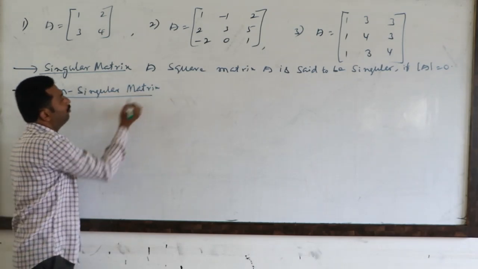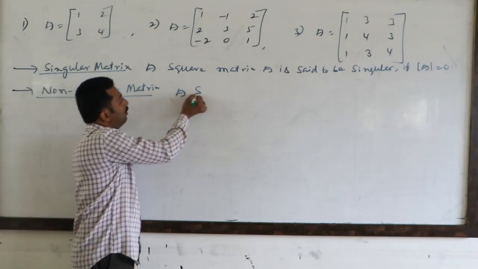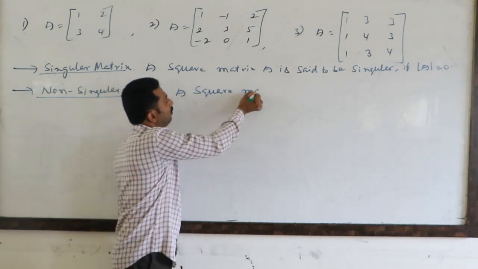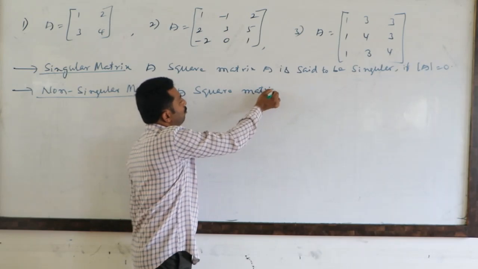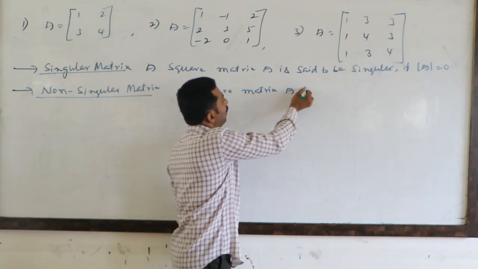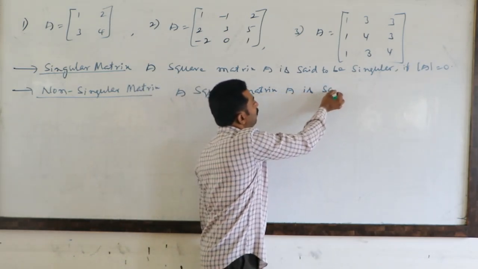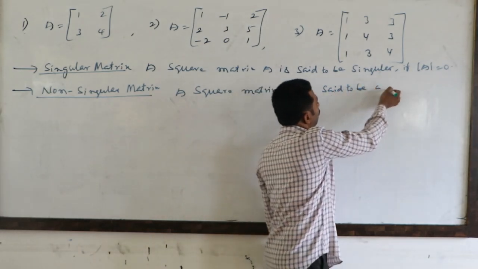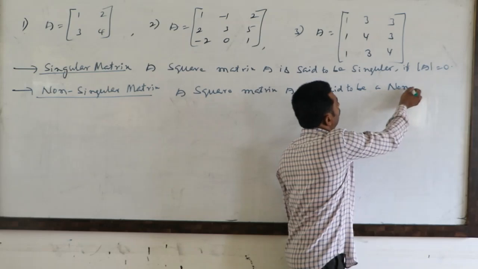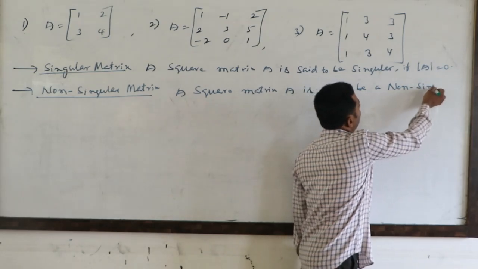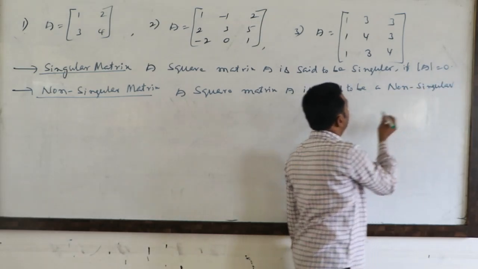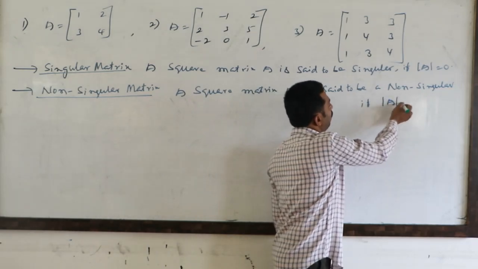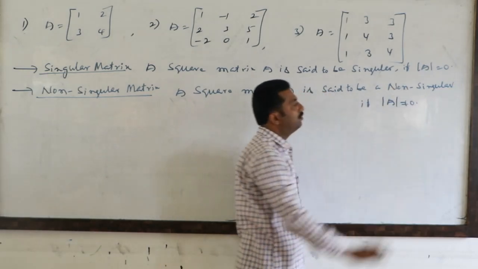Non-singular matrix: a square matrix capital A is said to be non-singular if determinant of A is not equal to 0.